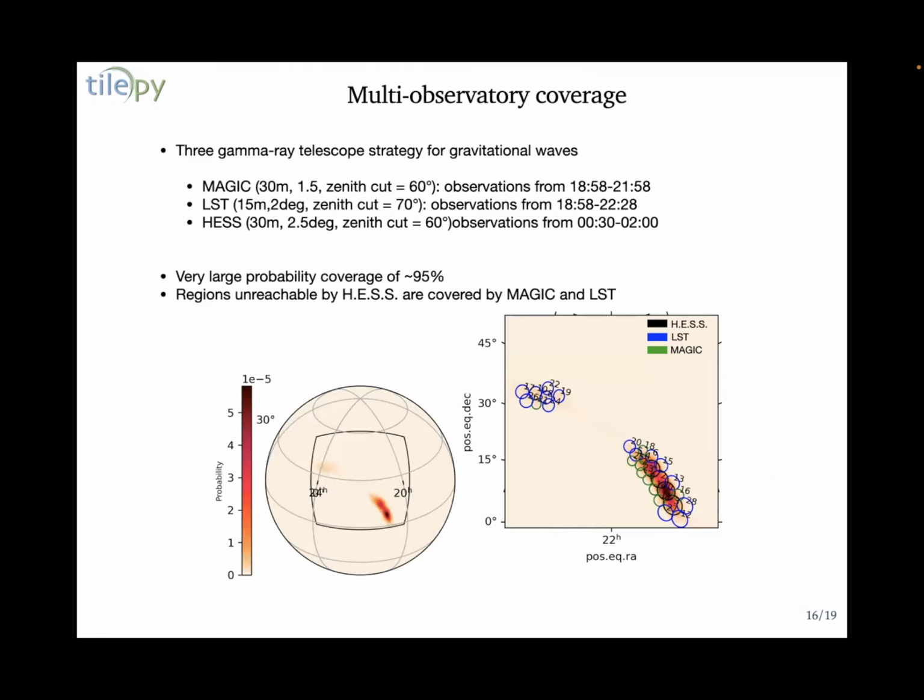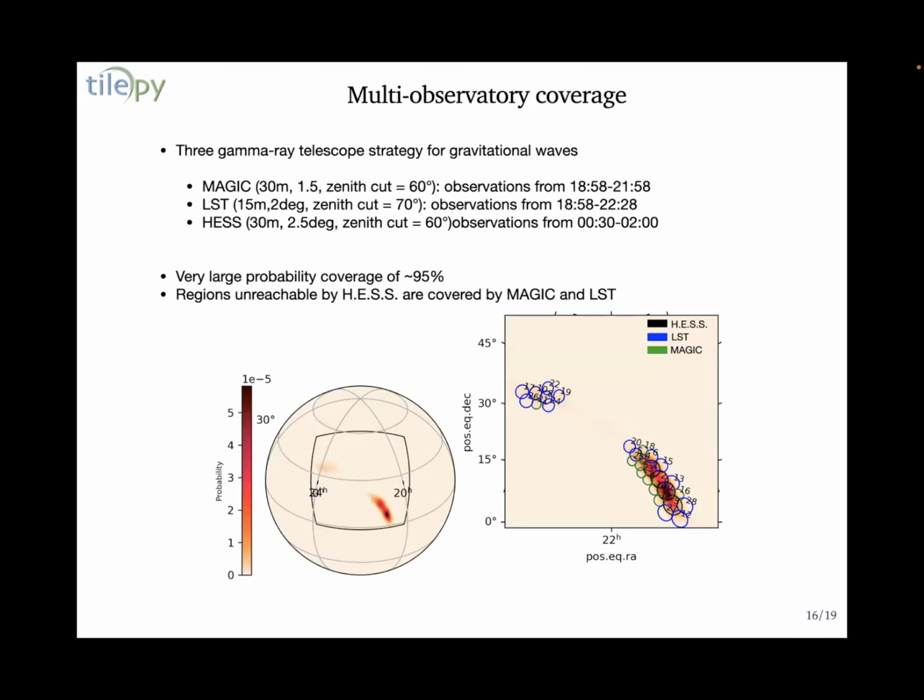Each of them is different in the field of view they have, in the exposure of the runs they take, and in the zenith cuts, let's say the accessible sky. We did this scheduling, and we have observations from this time to this time in MAGIC and LST, and HESS would start later.